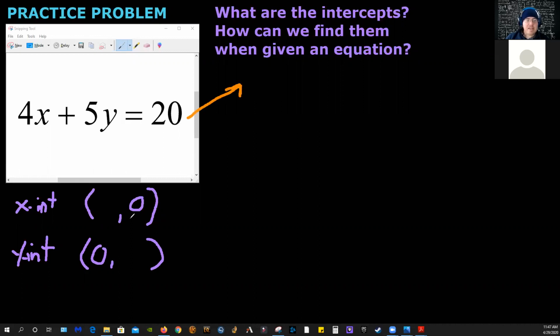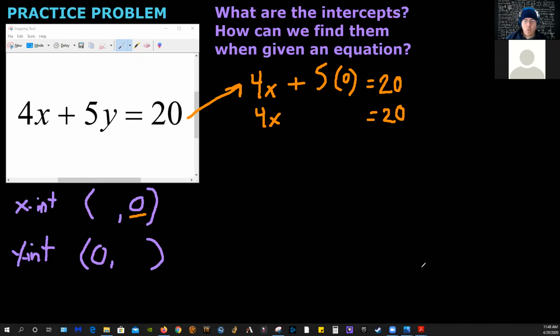So let's try this when we put in a 0 in the y spot. So that would be 4x plus 5 times 0 equals 20. So again, if y was equal to 0, what would happen? Well, that means that 4x would equal 20 because anything times 0 is 0.